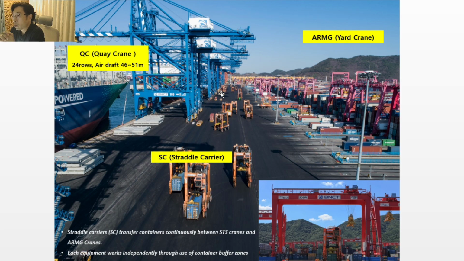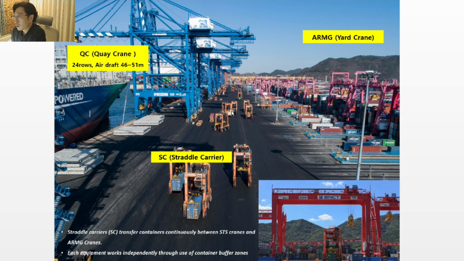I mean, it will be about 20,000 or 24,000 TEUs. They have 23 or 24 rows of width, and the air draft is about 50 meters. So container cranes that handle such big container ships are also becoming bigger, right?